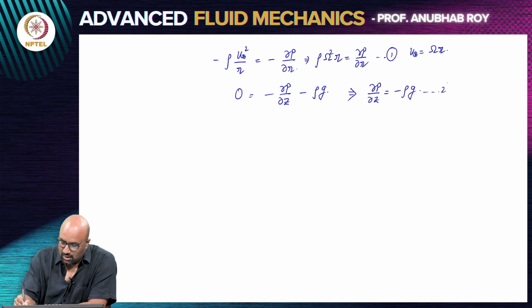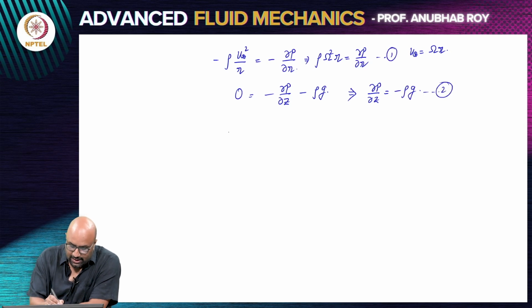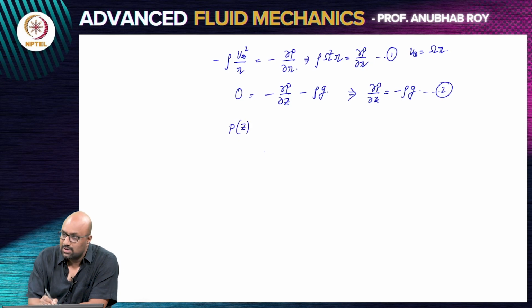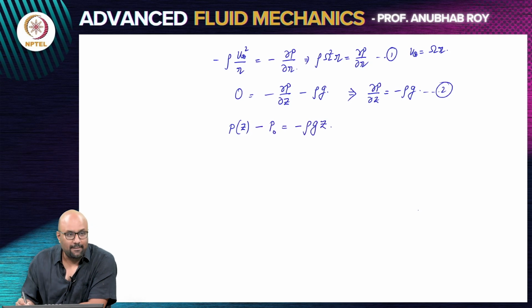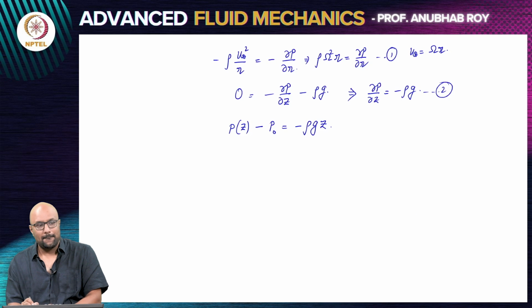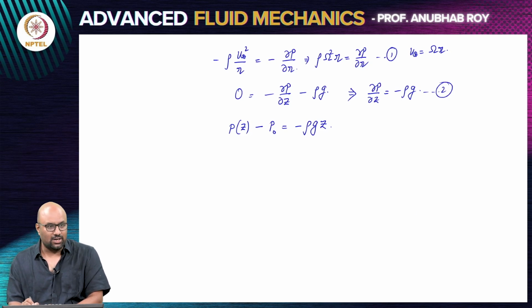Equation 1, equation 2. So, if I integrate equation 2, I have p of z minus some p naught is equal to minus rho g z. So, P naught is basically the pressure I have at z equals 0.